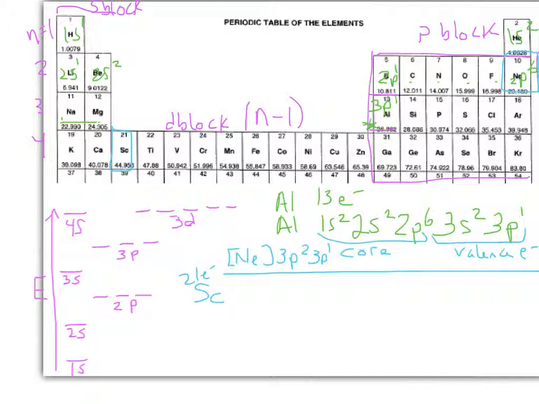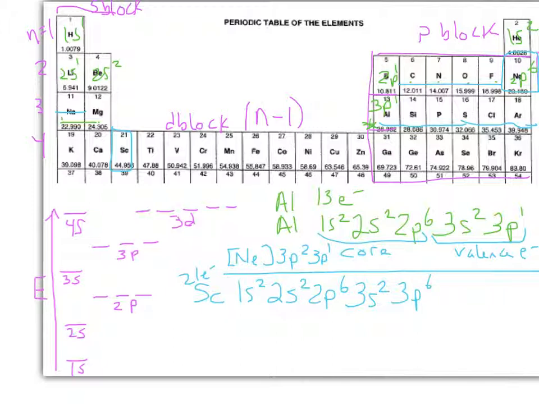We're going to write 1s2, because all of this is going to be the same all the way until we reach neon, and even argon, although we haven't done one like that so far. So 1s2, 2s2, 2p6, 3s2, 3p6, because we still have to continue.